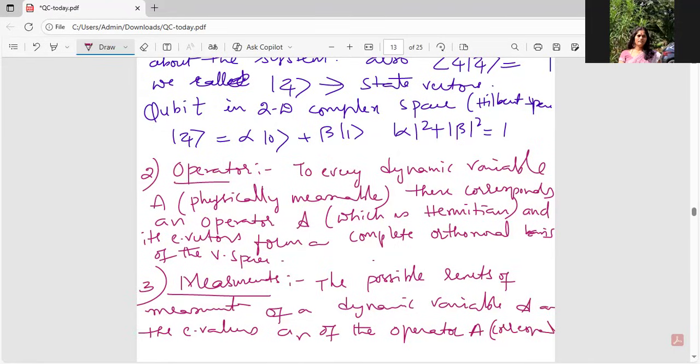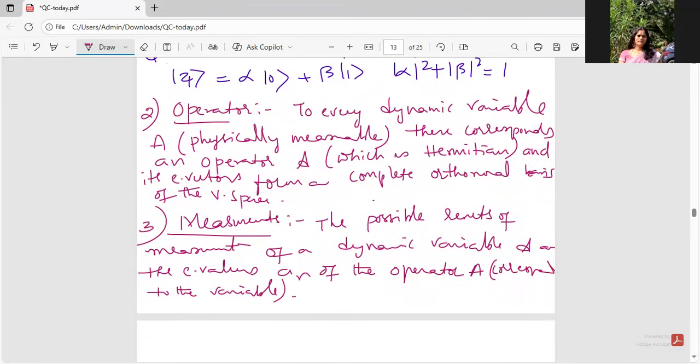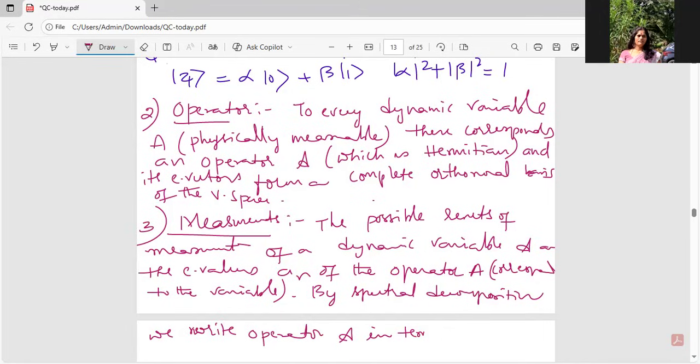Corresponding to the variable. Okay, of course, that's obvious. Anyways, now, if there are these eigenvalues, what I will do, by spectral decomposition, is rewrite operator A in terms of its eigenvalues.